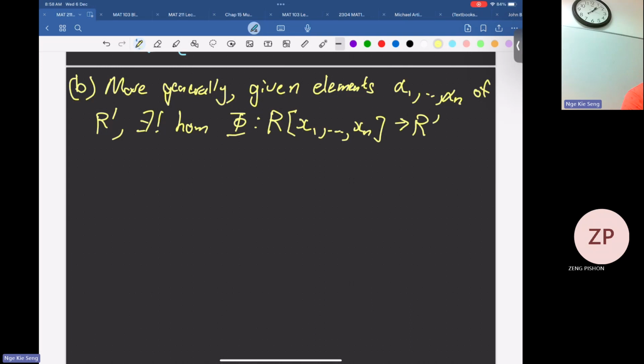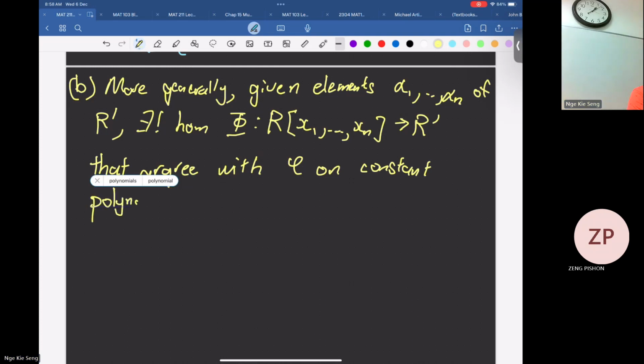Similarly, what happens to your constants? They agree with the phi map. So usually this phi map here is just identity or inclusion, but sometimes we can do conjugation also. We can play around with the constants.